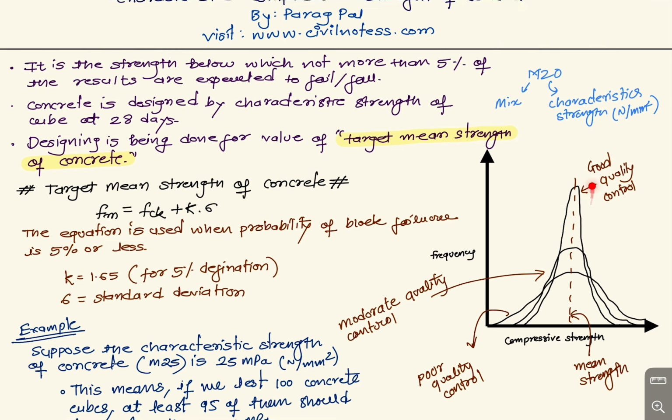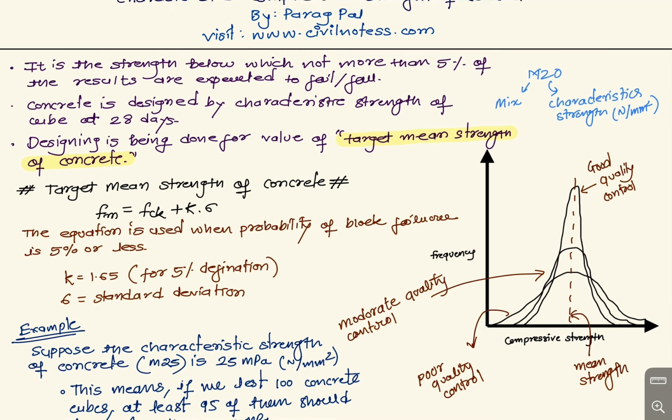You can use these samples, basically the mix design, for your construction purpose. So why are we doing this? Because we want to ensure that whatever concrete we are going to use for construction delivers good workability and good durability. That's the reason we are testing the cubes for 28 days, to understand their compressive strength.